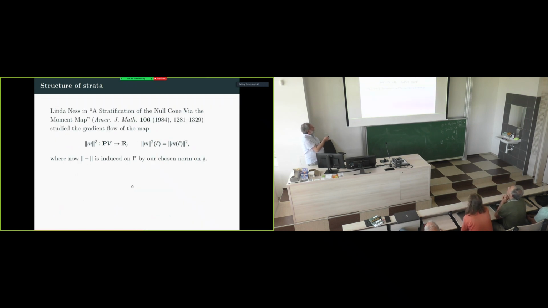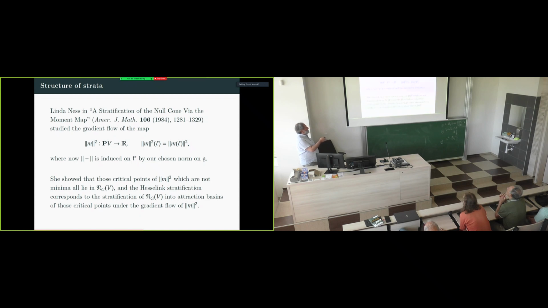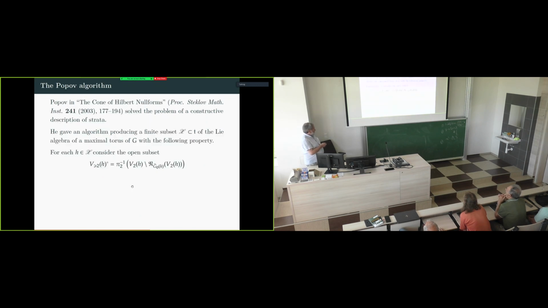What happens is that under the gradient flow of this map, all the nilpotent elements tend to one of the singularities of the null cone, and accordingly the strata are just the basins of attraction of the singular points. So this is the geometric sense of this.